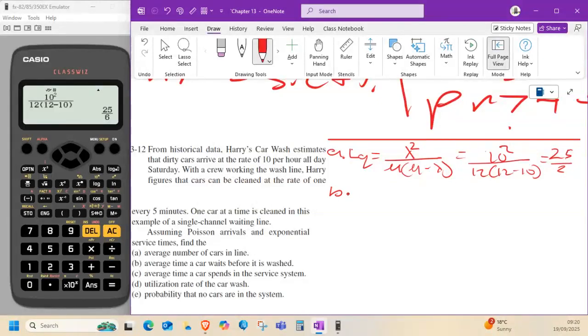Then B, we're looking for the average time a car spends before it will be washed, waiting. Yeah? So that is your Wq, which I believe is this.